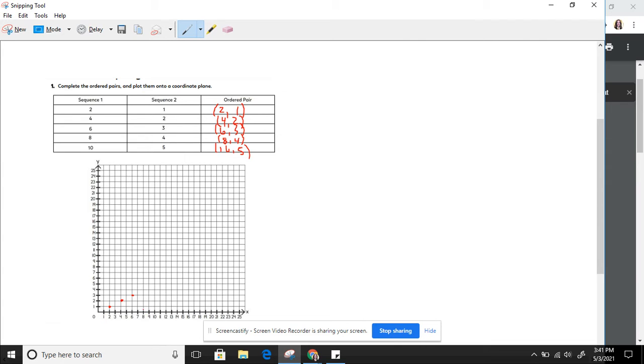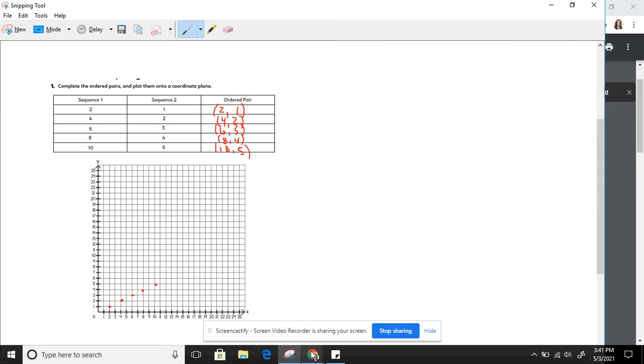First I crawl to 8, walk up 4. And then 10, that looks like a 16, that should be a 10. 10, 5. First I crawl to 10, walk up 5. Okay, so there are my points or my ordered pairs and my coordinates on the coordinate grid. So that's all you have to do.